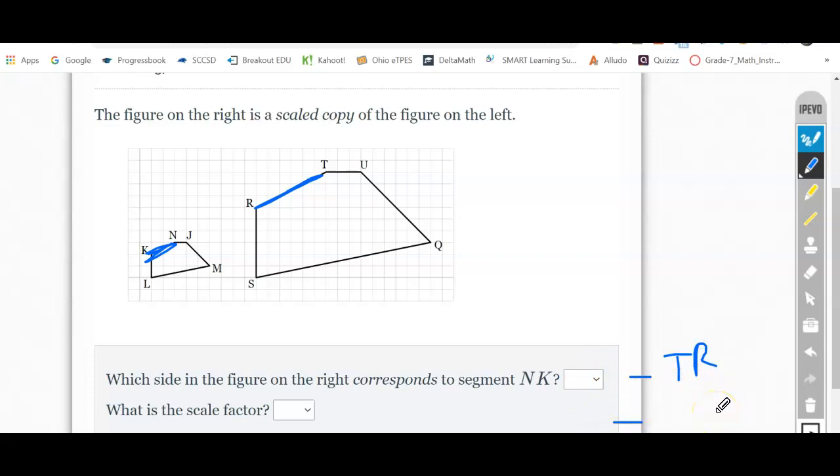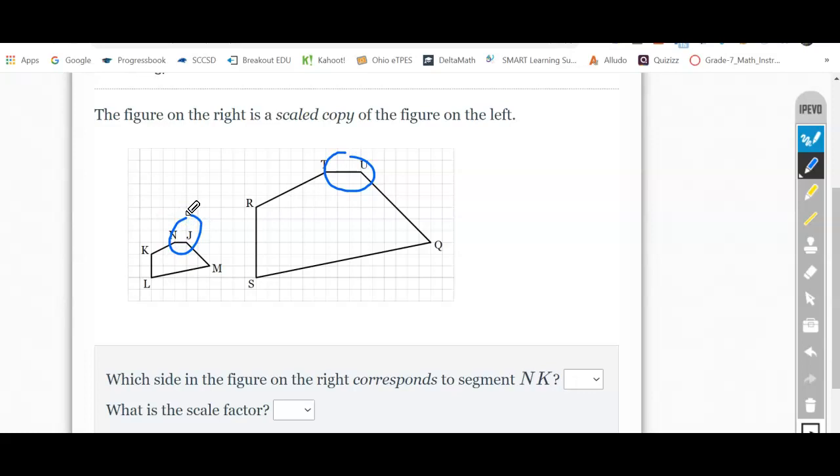Separate question, what is the scale factor? The scale factor cannot be calculated by these two because those are diagonals and you don't know how to do that. So we have to find lines that are on the grids. They're either straight horizontally or straight vertically.